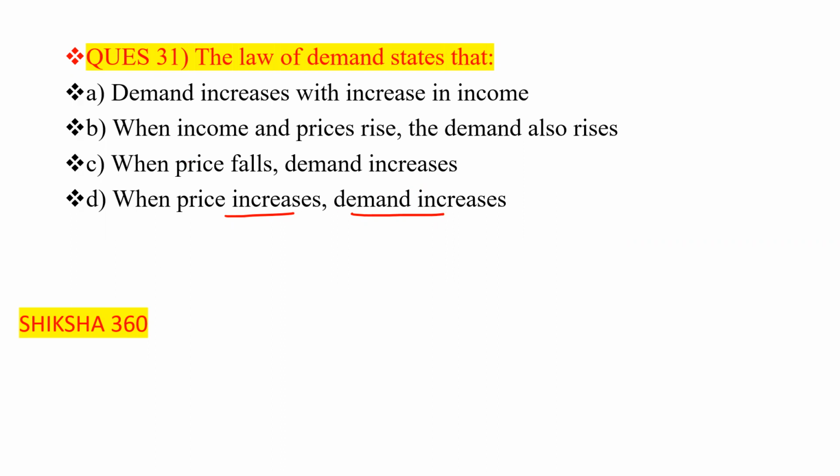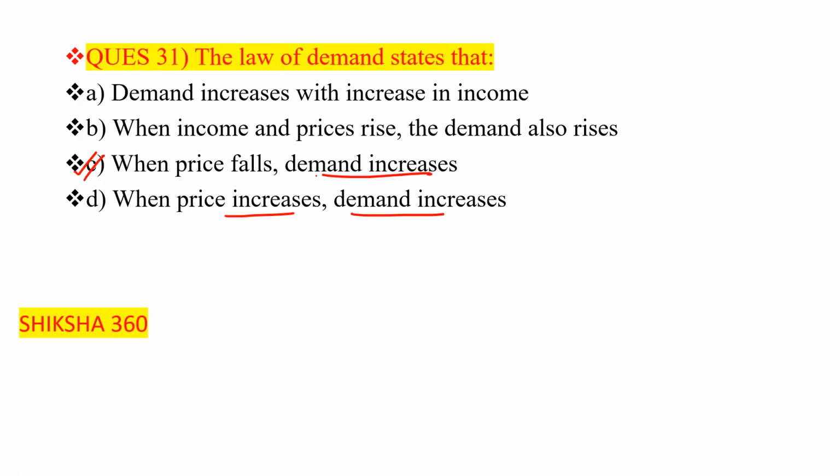So please tell fast what is the correct answer. So basically what is the correct answer? Option number C is the correct answer, that is when price falls, demand increases.